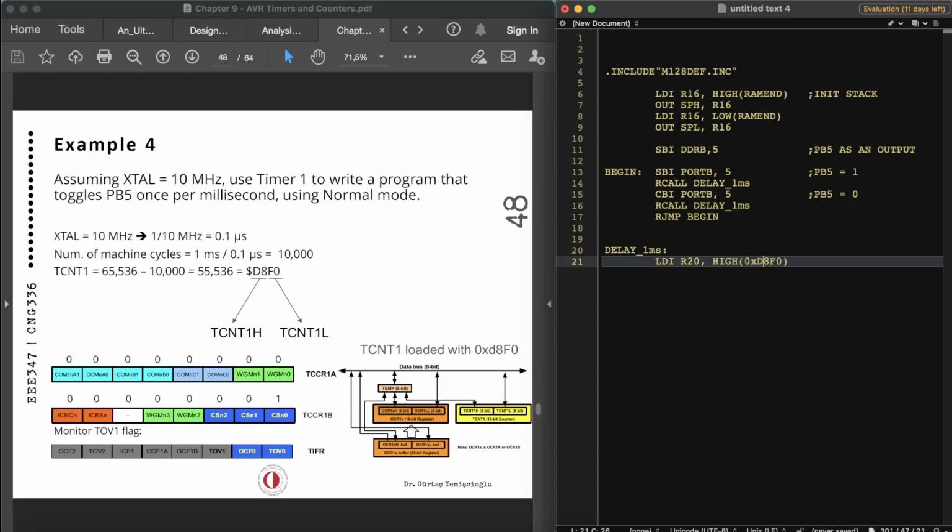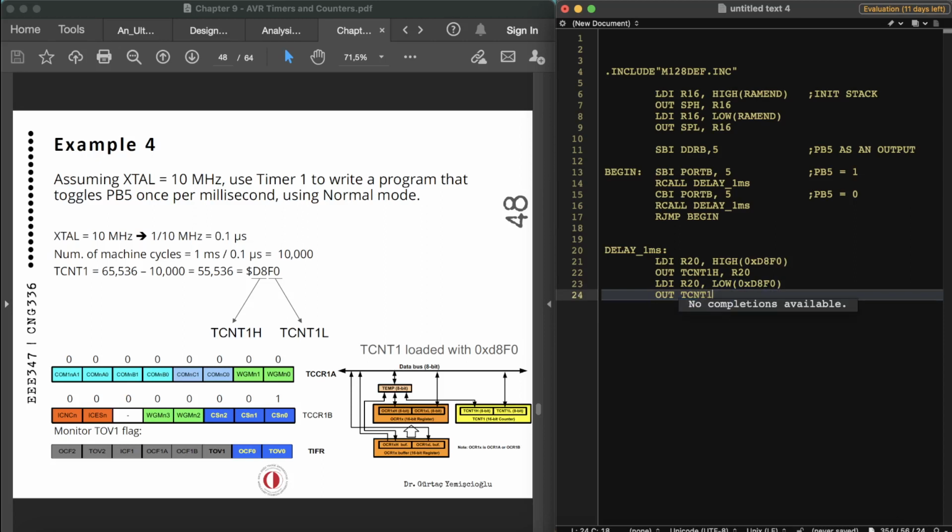So 0x D8F0, and then OUT TCNT1H, R20, and LDI R20, low 0x D8F0, and OUT TCNT1L, R20.